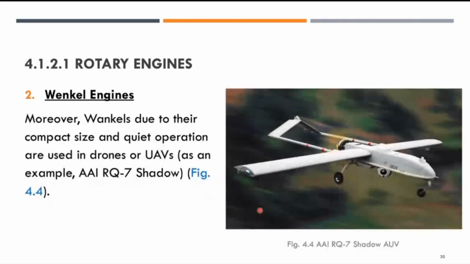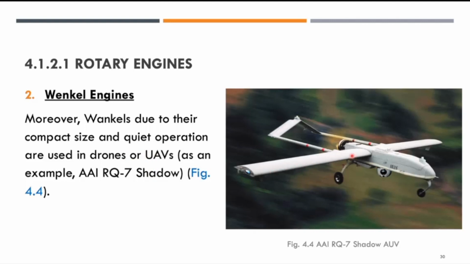All right. Moreover, the Wankel type of engine is also used in UAV applications, because it is compact in size and quiet in operation. Normally, it is a suitable candidate to be the power plant for drones or UAVs. An example here is the AAI RQ-7 Shadow.